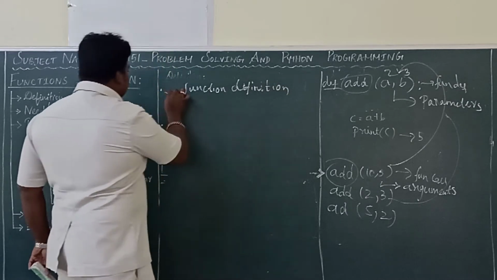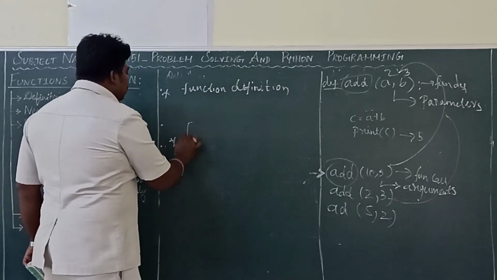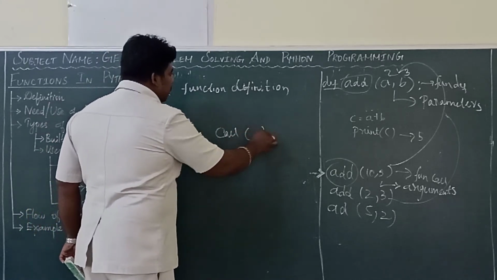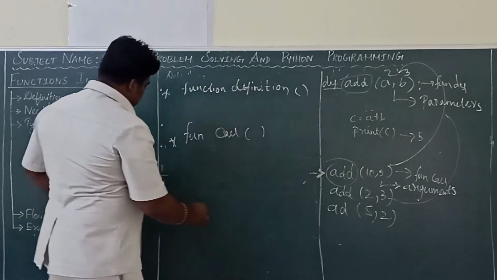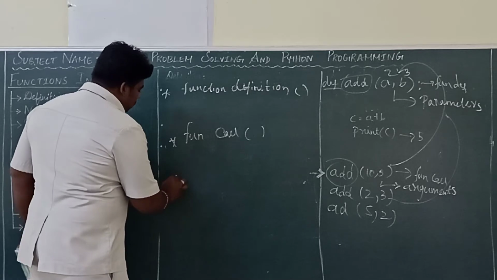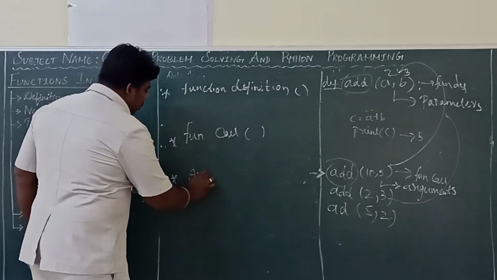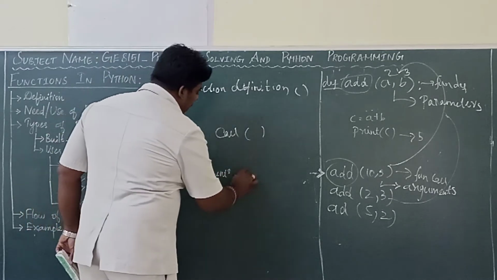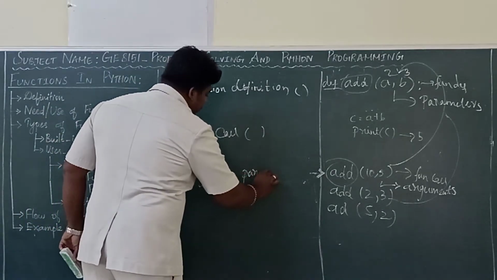The second one is the function call. The third one is arguments, and you have to know what parameters are.